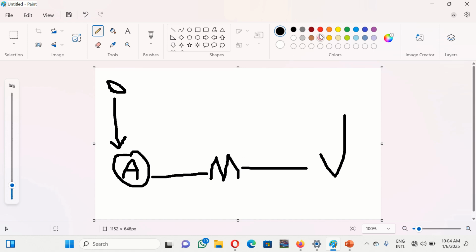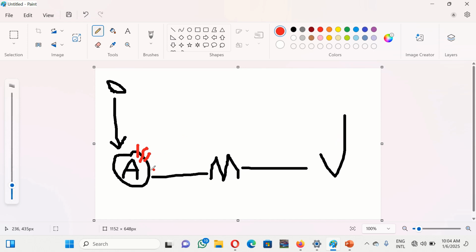Now, if we look at what is going on here, the sound from the ambulance A, which is at a stationary point, is being heard by M here, and it is being heard by V here.